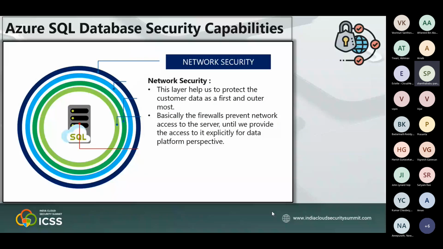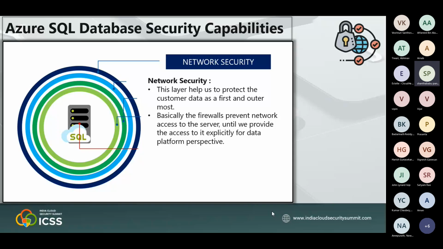So network security: if I want to hit a website over HTTP, it will ask me for a username and password. If I don't have a proper username and password, or I forgot my password, the system secures access with the help of firewalls on top of that.